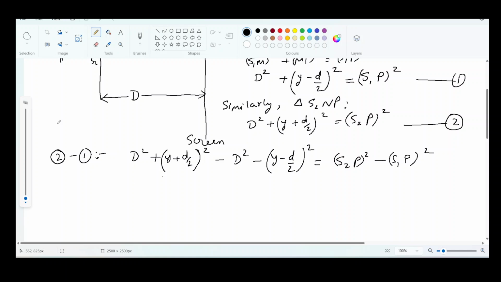So this is what I have. Now, if I was interested in S2P square minus S1P square, then this would have been something useful for me. But I'm not interested in that. I'm interested in S2P minus S1P. So can I extract S2P minus S1P from this?